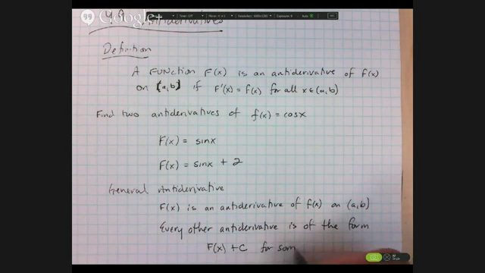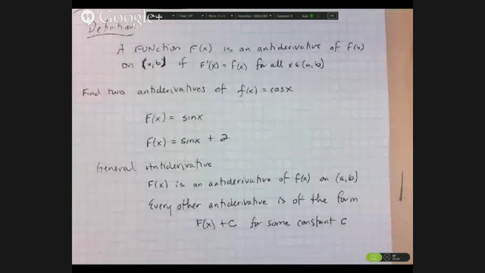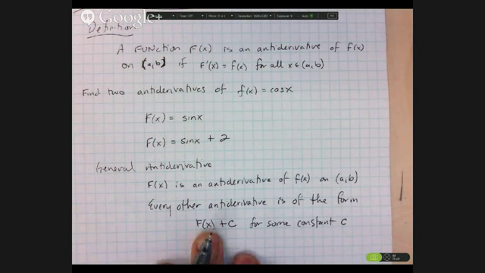What is the difference between the capital F and the lowercase f? Big F is the antiderivative. Little f is the original function. So big F is what you take the derivative of. Yeah, big F prime equals little f.